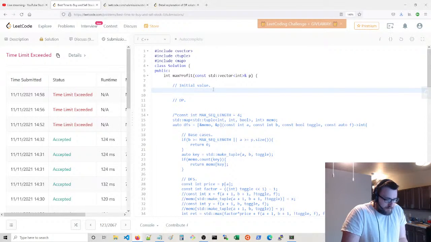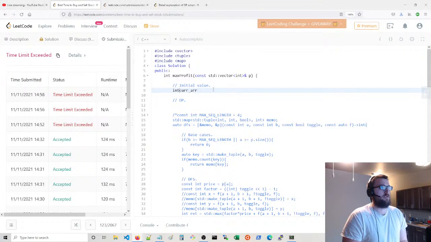So we have two arrays. We have a current array, and these are going to be two-dimensional arrays of integers. It's going to be size 2 for the toggle, for 0, 1. And it's going to be of size, in our case, just 4.